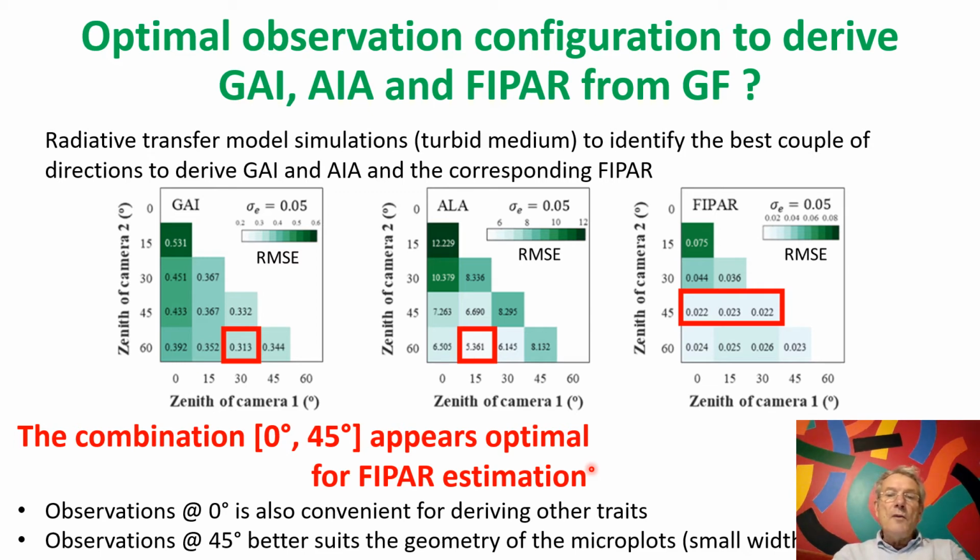Also, when you have relatively small microplots, small width, if you have very inclined directions, it's quite difficult to make the measurements because the observations will be contaminated by the other microplots close by.